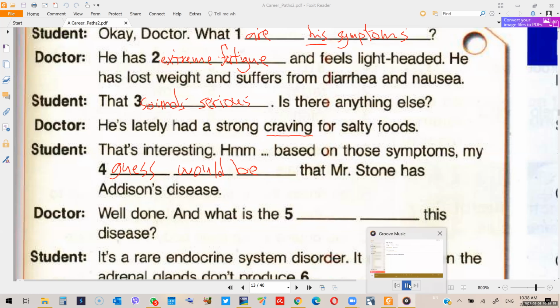And what is the cause of this disease? What is the cause of this disease? Yes, finally, number 6.